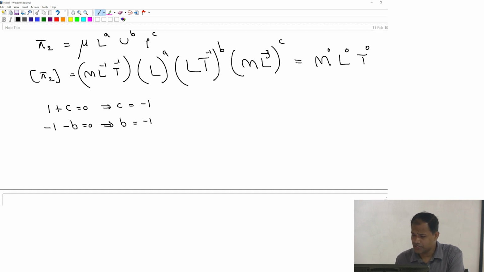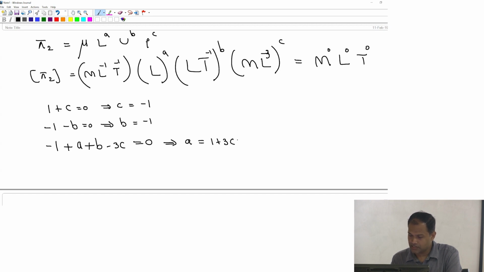And equating the dimensions of length, minus 1 plus A plus B minus 3C is equal to 0. So that can give me, which is the one that I don't have, A is equal to 1 plus 3C minus B, which is 1 minus 3 plus 1, 1 plus 1, 2 minus 3 equals minus 1.